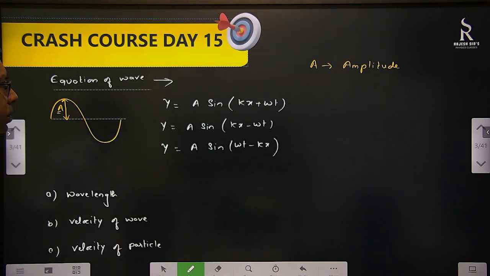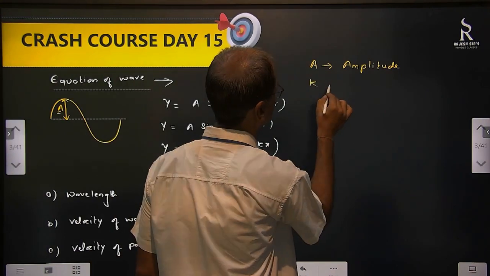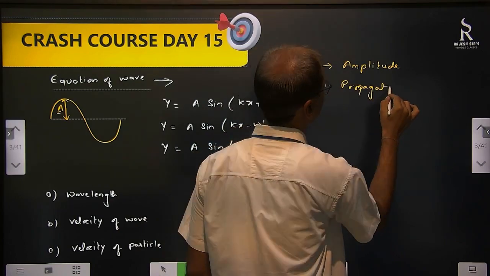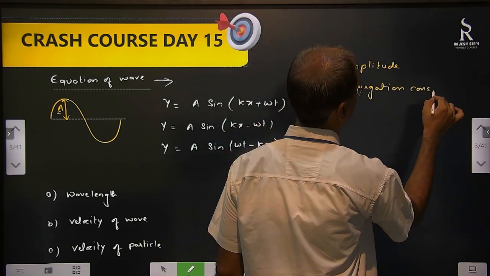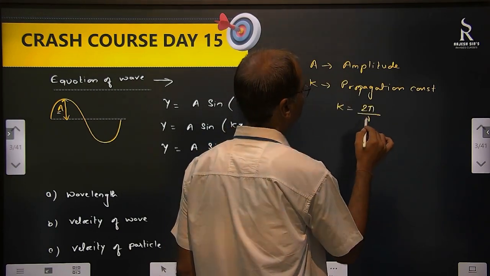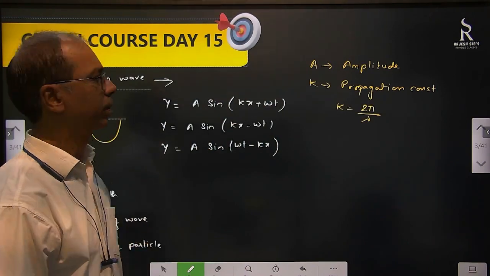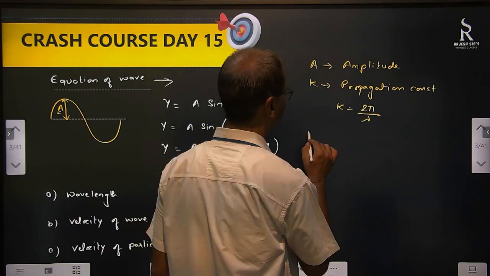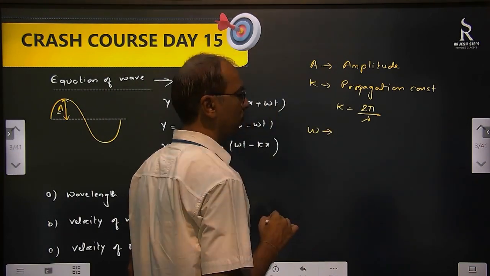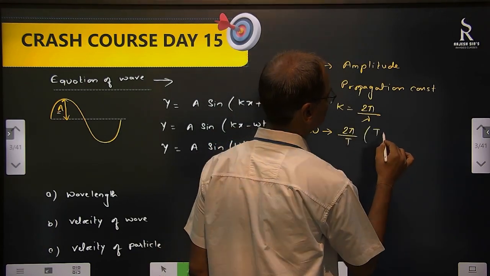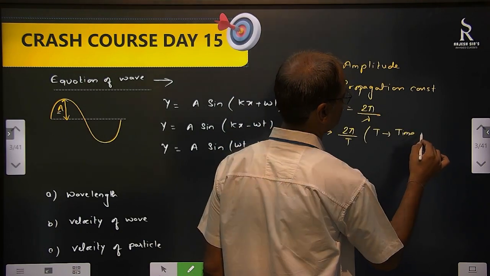This is amplitude. K is called the propagation constant. It depends on the medium, and this k value is equal to 2 pi by lambda. Lambda is wavelength, we all know that. Then omega is related to the particle which is doing oscillation, and omega is equal to 2 pi by T, where T is the time period of oscillation.